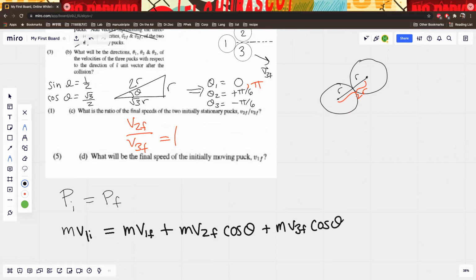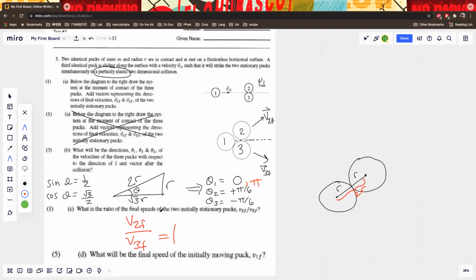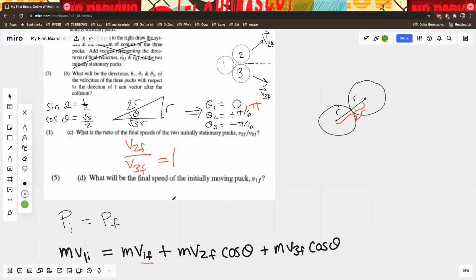Okay, now is that enough to get what we want, which is the final speed V1F? No, we could continue to simplify. So what can we do here? We want to get V1F. In the question, they didn't give us V2F or V3F.